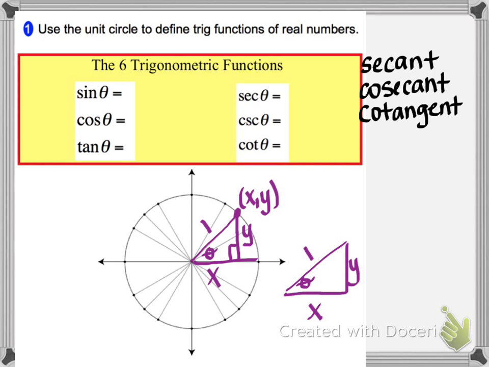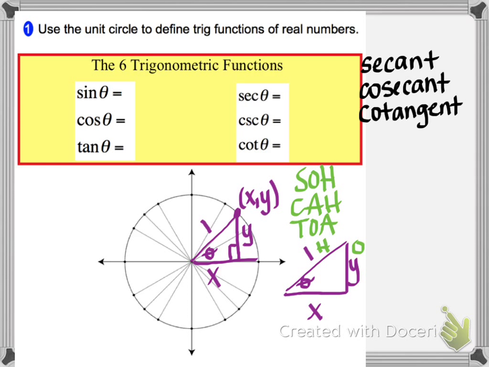Let's use this triangle and our knowledge of right triangle trig, SOH-CAH-TOA, to try to see if we can define these trig functions now. Starting with sine, remember sine is the opposite side over the hypotenuse, and if we look at this triangle, the opposite side is y and the hypotenuse is 1.